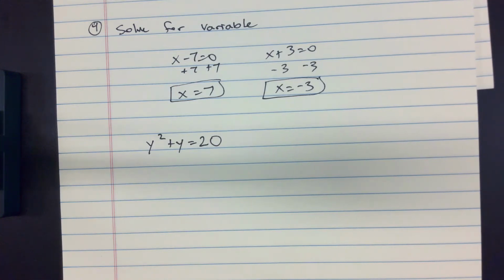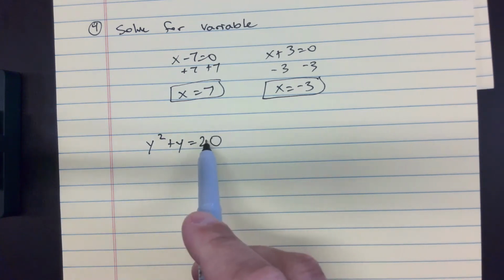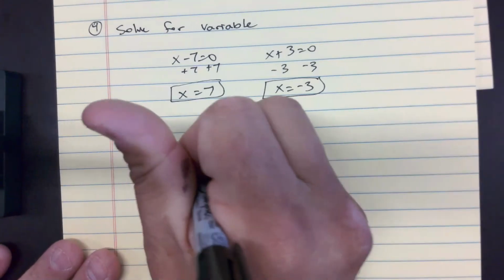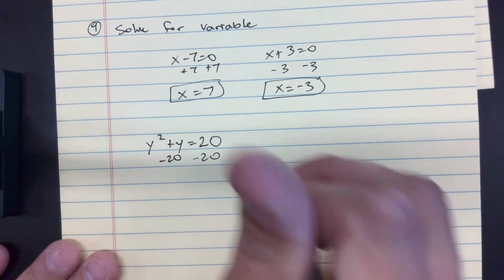What do we want to do first? We have to get it set equal to what? 0. So how do I do that here? I've got to move this 20 over to the other side. Yep. We're going to subtract 20 from both sides.